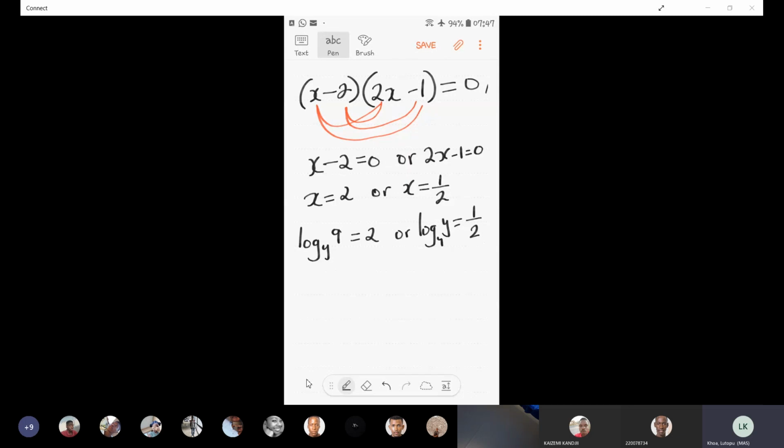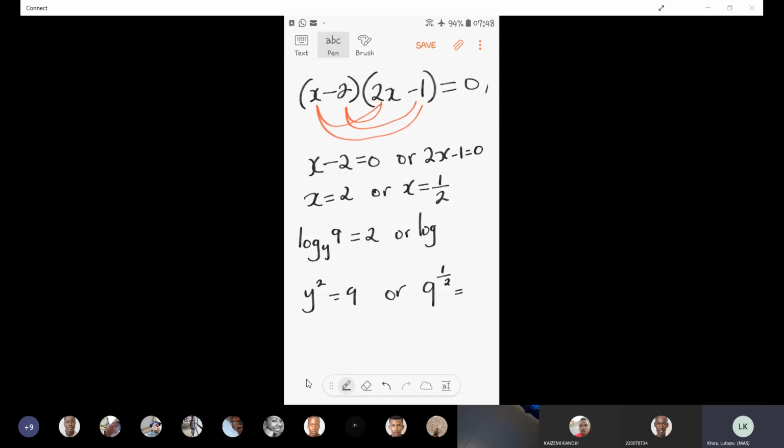Okay, so to solve this equation, very simple. You rewrite each of them in exponential form. So you have y to the power of 2 is equal to 9. Remember how we change from logarithmic to exponential equation. And then the second one, sorry guys, I'm not writing this correctly.